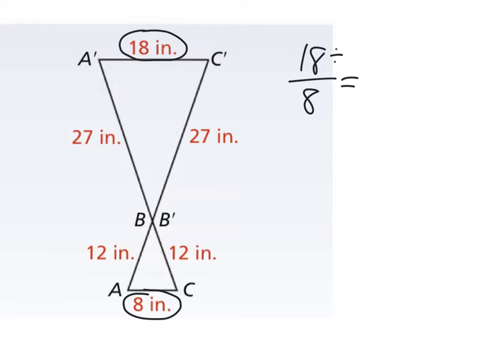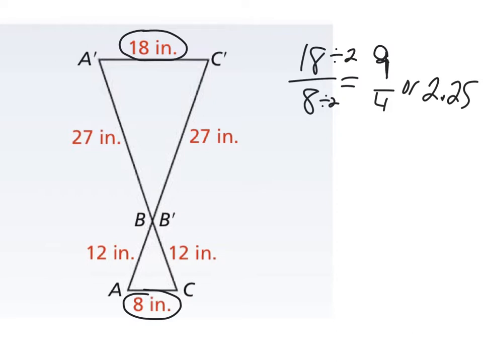So one thing, if we reduce these by 2, this would be 9/4. If you divide it out, would be 2.25. Okay, and then we're going to look for another set of sides that should be the same proportion if these are going to be similar.